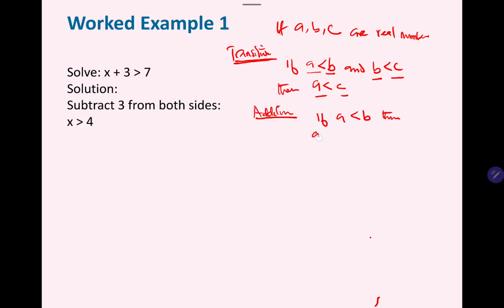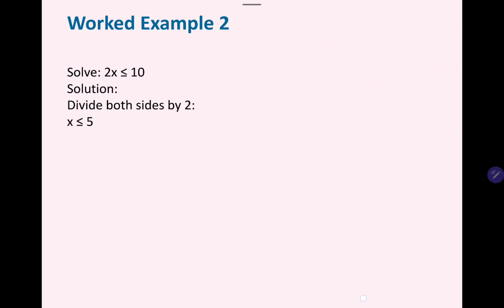It means that A plus C is less than B plus C.